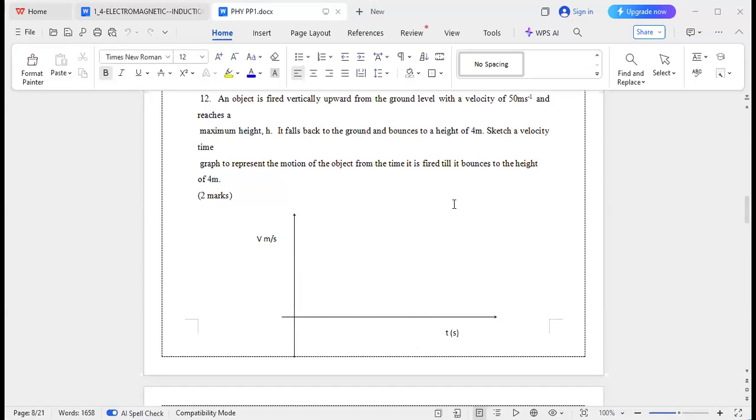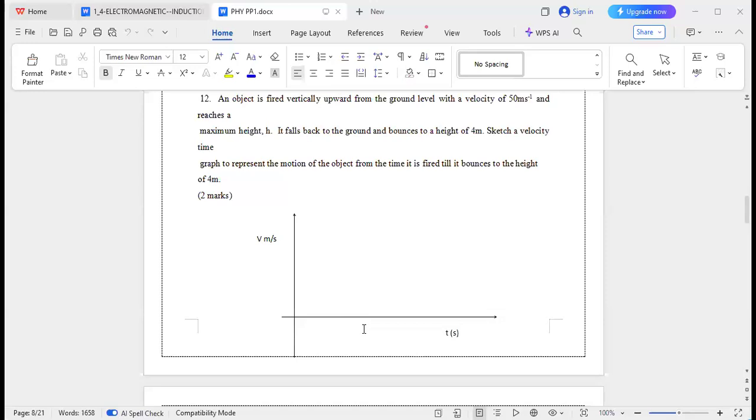Remember we have 3 directions here. We are starting from here, okay? It goes up, reaches somewhere and stops. Iko juu sasa hiyo, iko maximum height reached. Then it starts coming back. It means it changes direction.